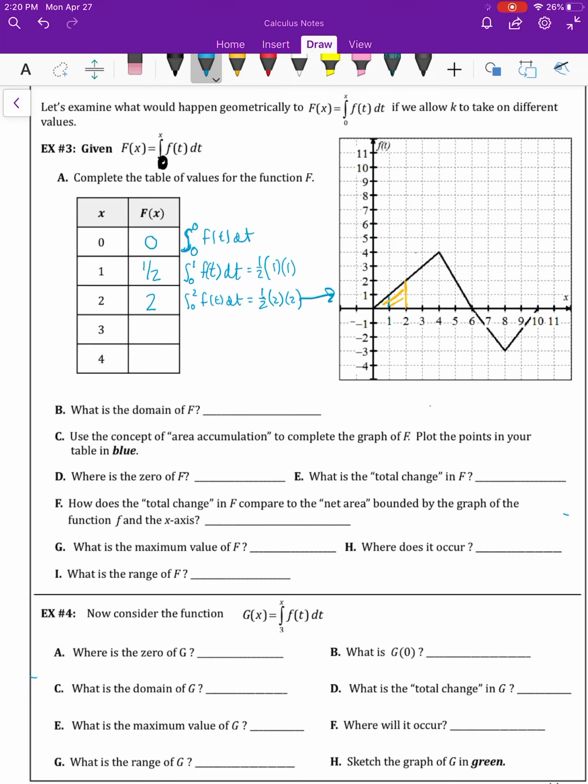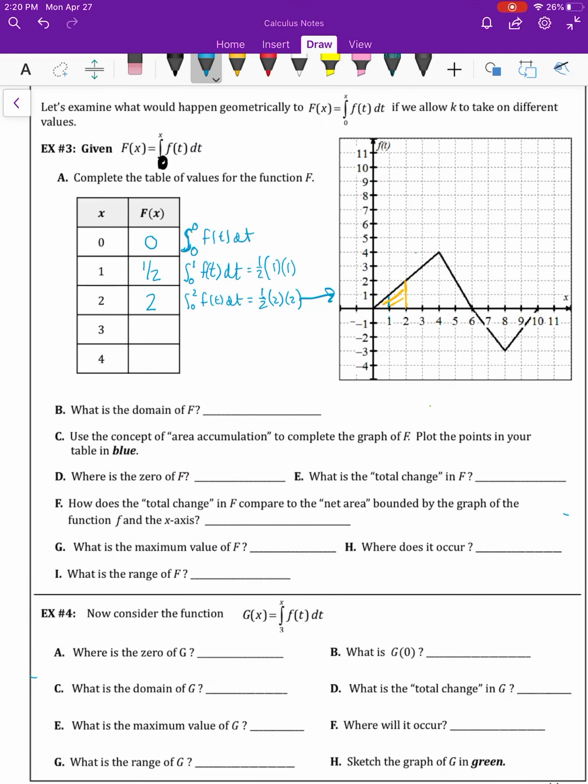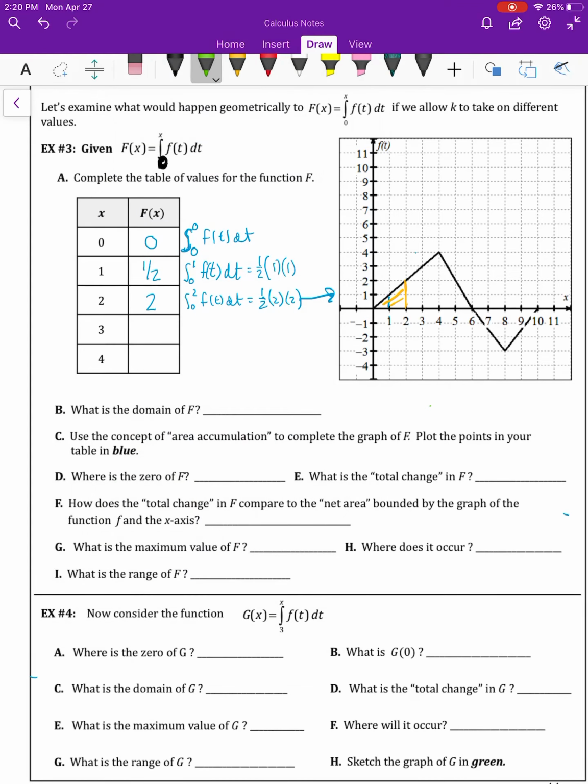Now if we go to 3, I'm going to go ahead and do that triangle. And that is a base of 3, height of 3, so the integral from 0 to 3, f of t dt equals 1/2 times 3 times 3. So that's going to be 9/2.